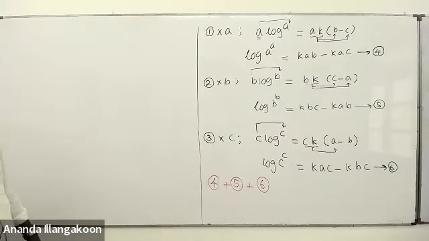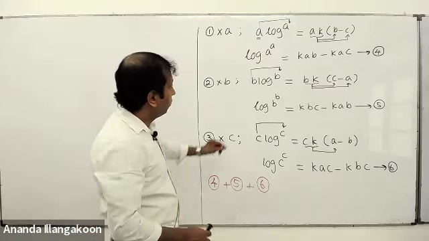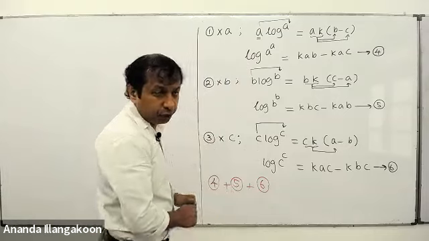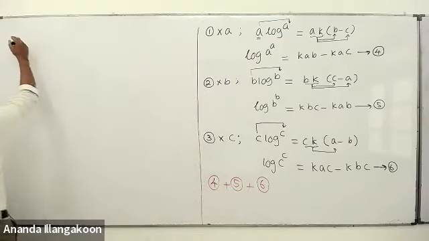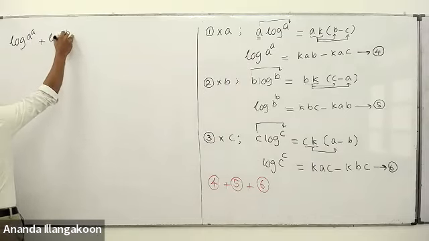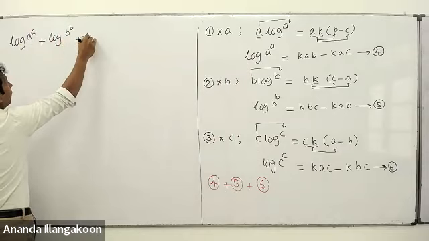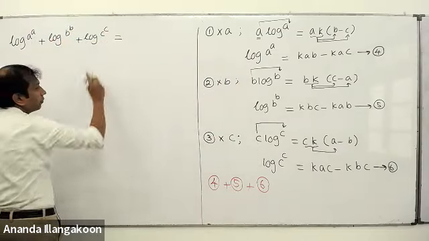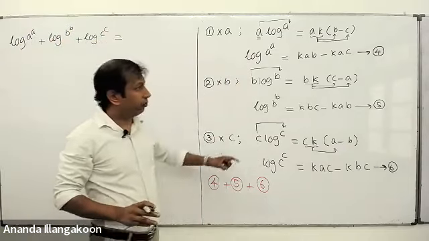Right. Once we add this 4, 5, 6, on the left hand side we get this plus this plus this: log a to the power a plus log b to the power b plus log c to the power c equals the right hand side.